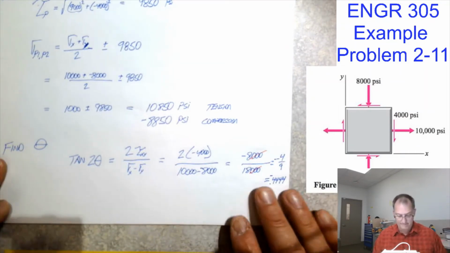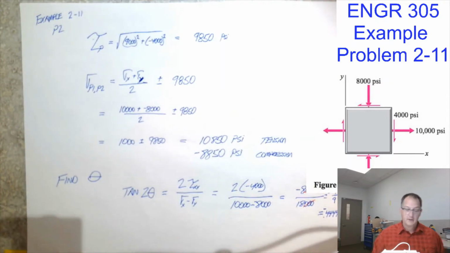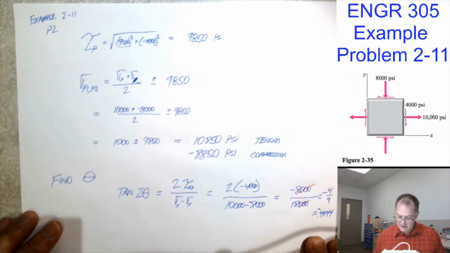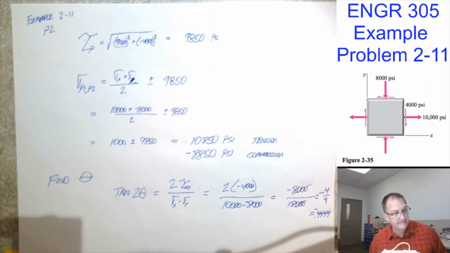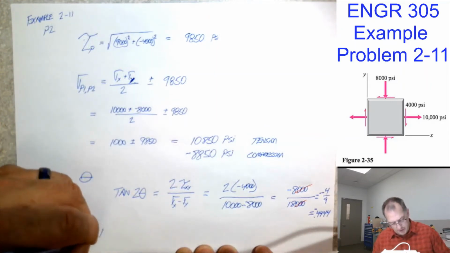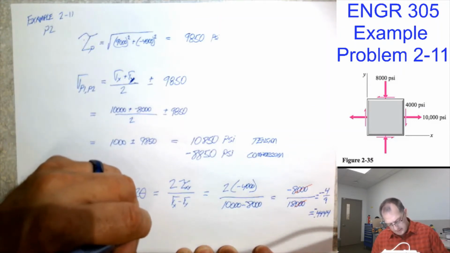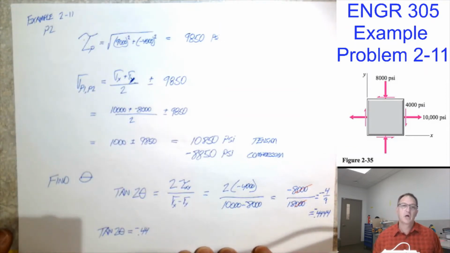All right, I'm going to shrink this figure up since I'm actually using that space now. And I'll slide a little bit away from the edge. Okay. That's tangent of 2 theta is equal to minus 0.44, and then however long you want to go.